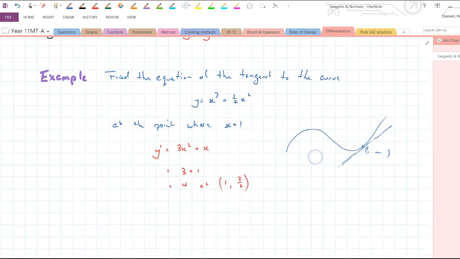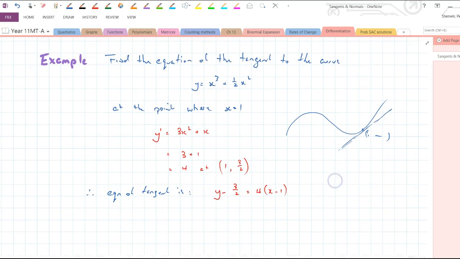Okay, so now I know that the gradient of my tangent is 4, and this is the point here. So the equation of the tangent is y minus y1 equals m, which is 4, x minus x1, which is 1. Okay, that looks pretty good.